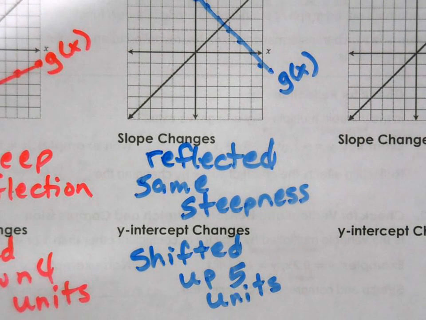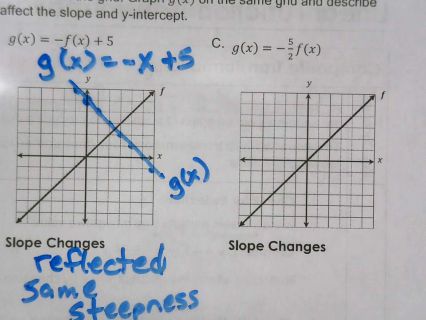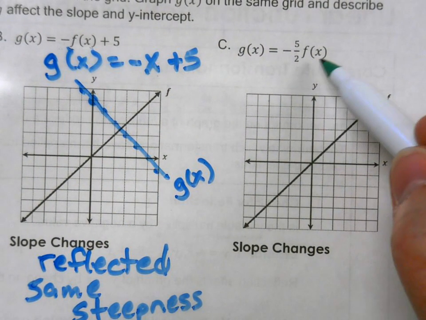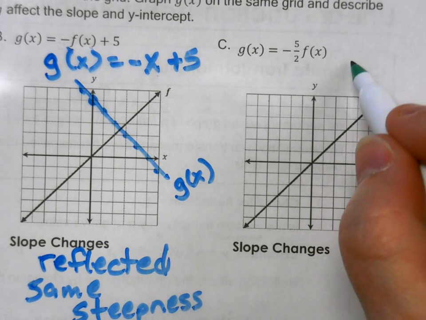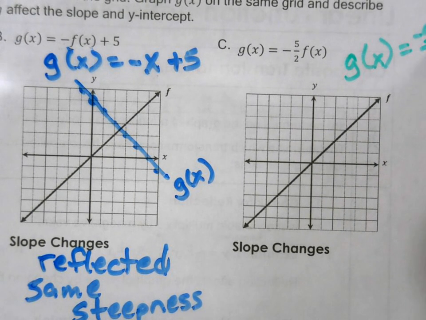So last one on these examples anyway. Okay. So are there any changes happening inside these parentheses? No. So I can go ahead and just make the substitution, negative 5 halves x.